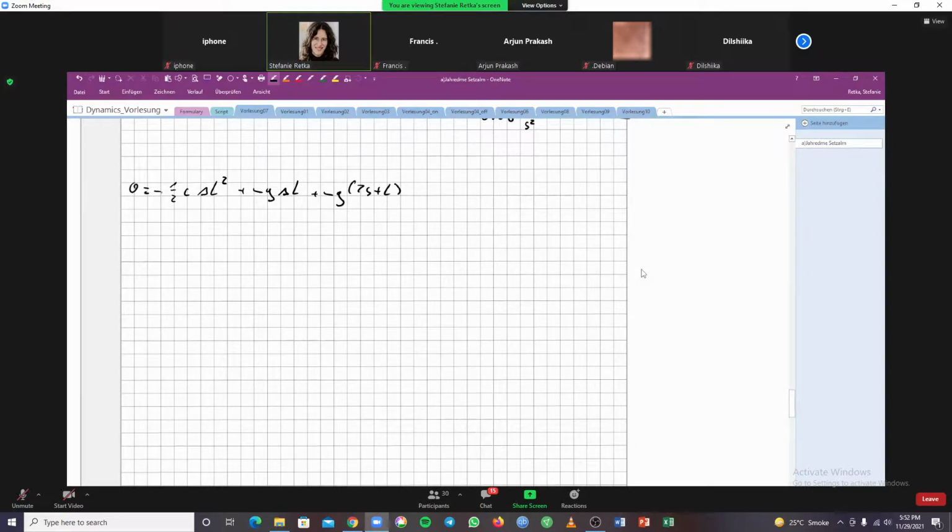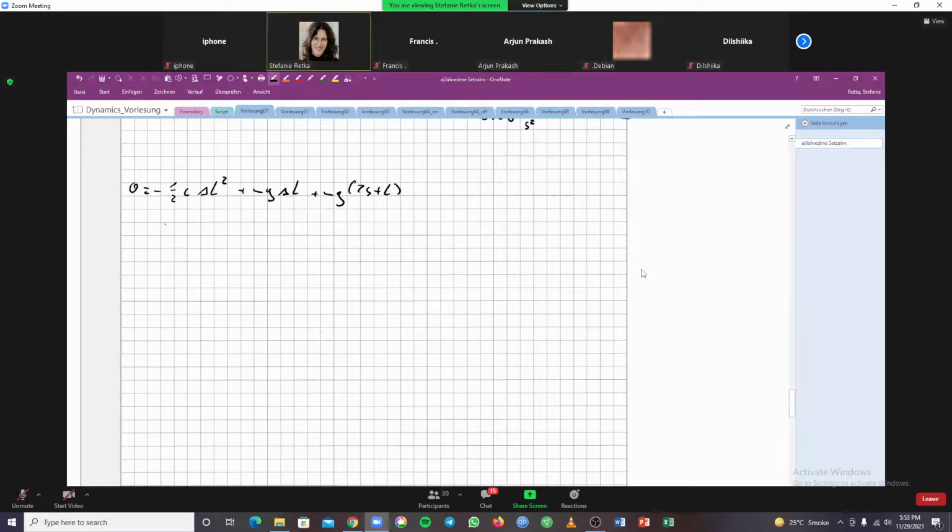Maybe you rearranged it differently. Yes, I'm getting MGL, not delta L. No, you're right, here the MGL part is done. And so how do you solve this quadratic equation?